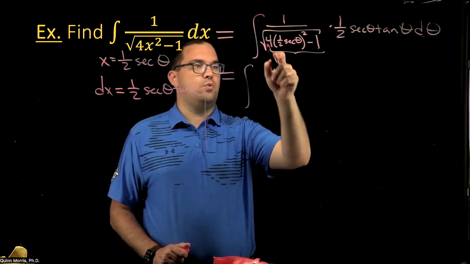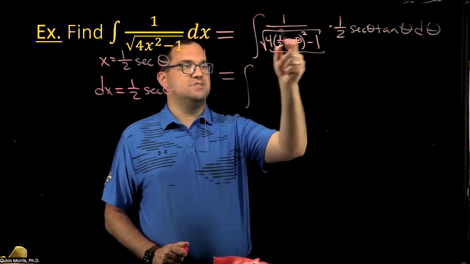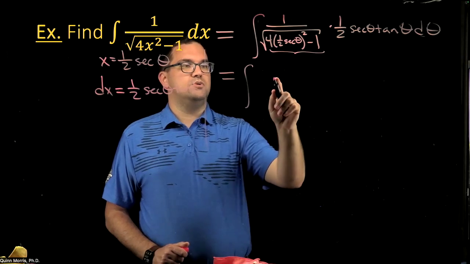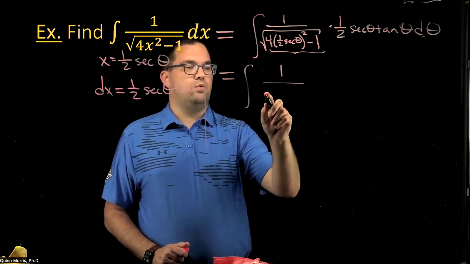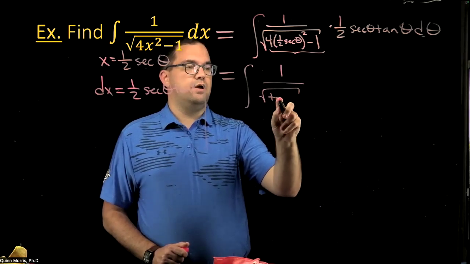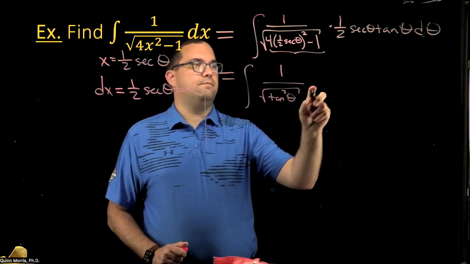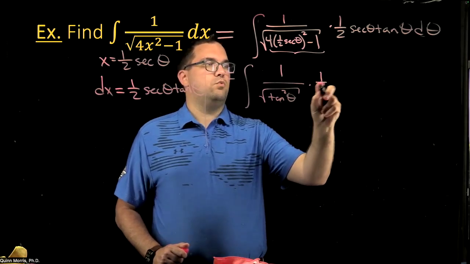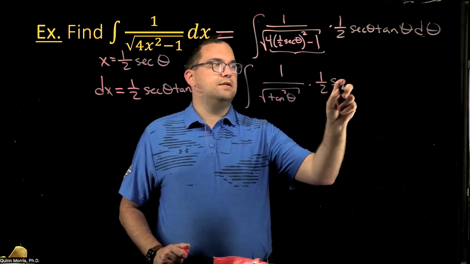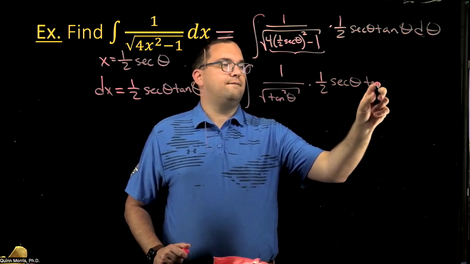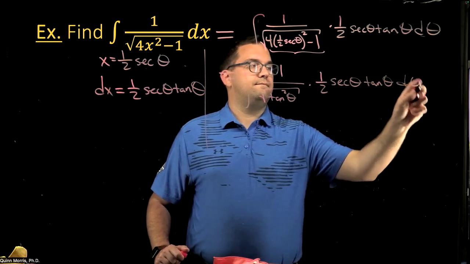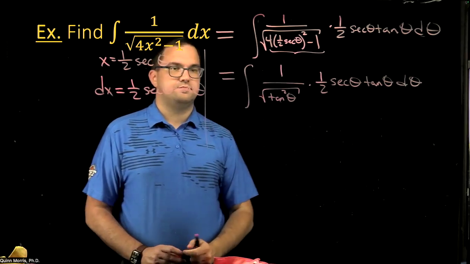So you're just going to get secant squared. This whole thing will simplify to secant squared of theta minus 1, which is tangent squared of theta. So I'm going to get 1 over square root of tangent squared theta times 1/2 secant theta tangent theta d theta.